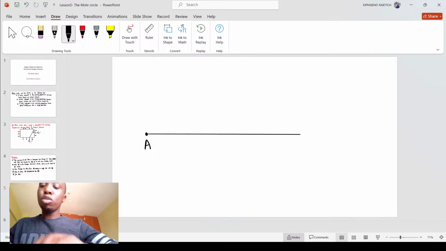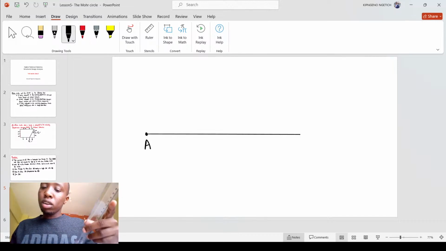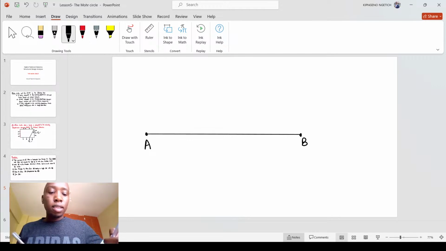I have drawn my horizontal line through A. Then it says take AB equals to stress 1. So let's have this as our B. Realize that stress 1 is the major stress, and stress 2 is the minor stress.